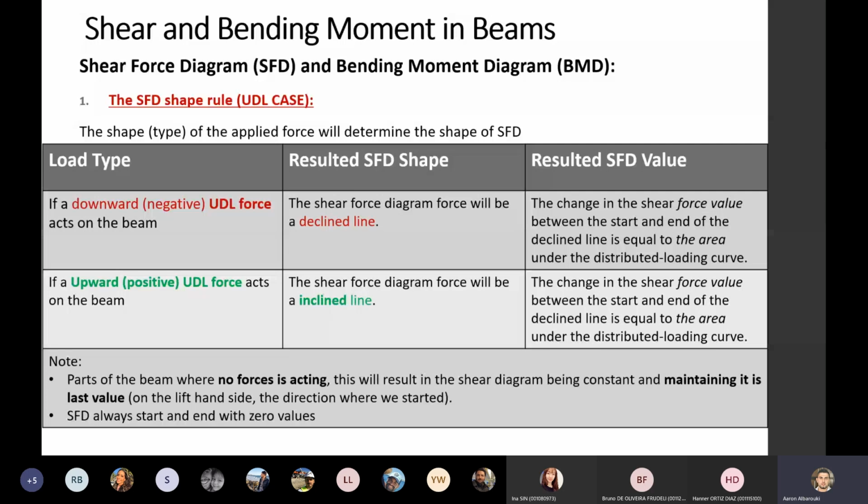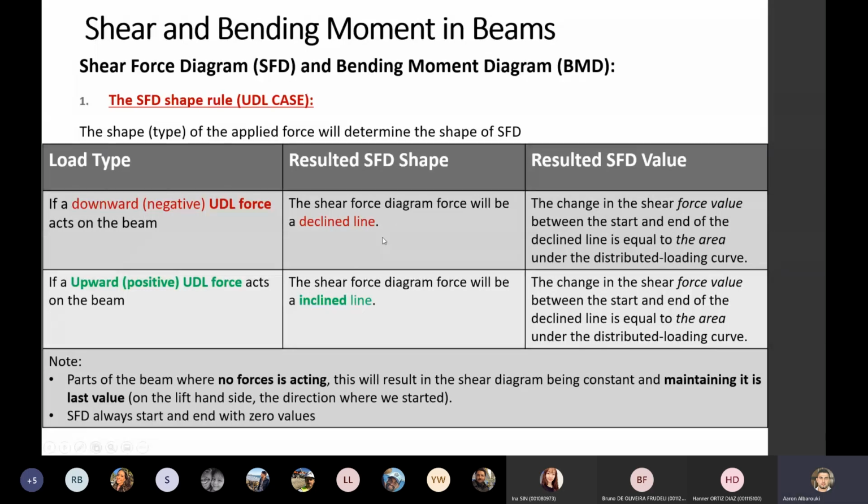Let's take the case for a uniformly distributed load. Based on what we discussed, guys, it's very similar, but the effect of a uniformly distributed load is slightly different from a point load. If we have a uniformly distributed force acting downward, the result in the shear force diagram won't be just a sudden dip or jump, it will be a gradual decrease or gradual increase.